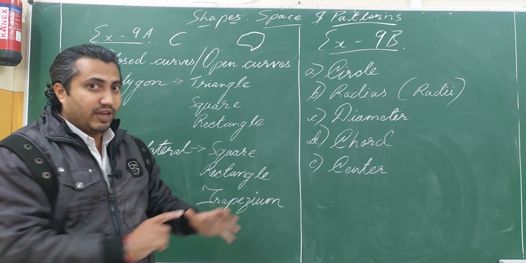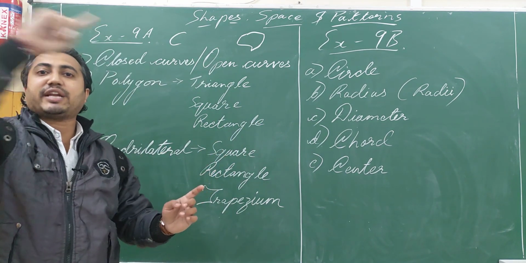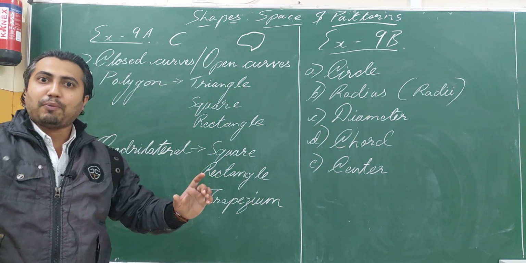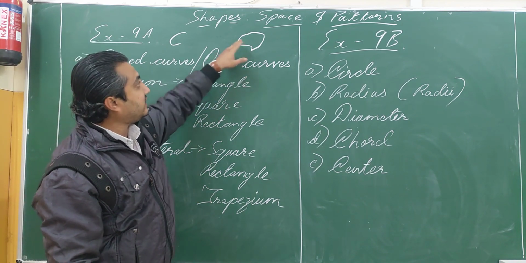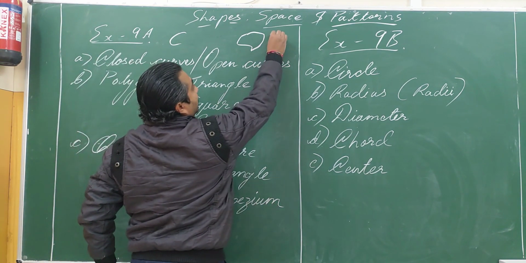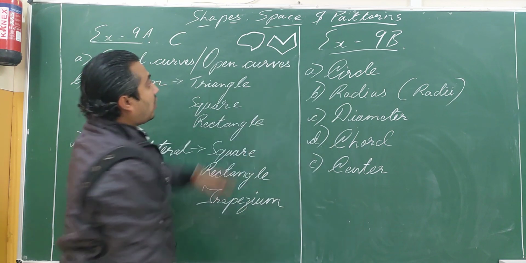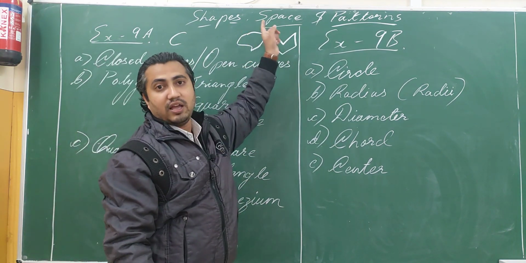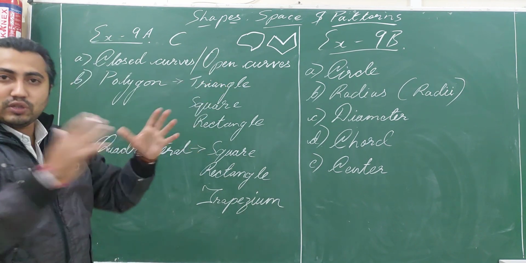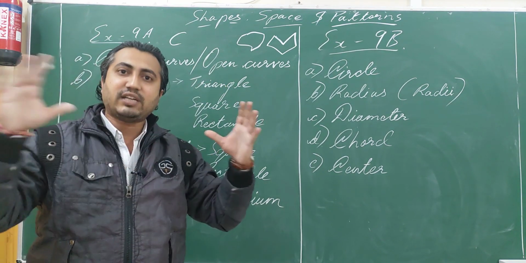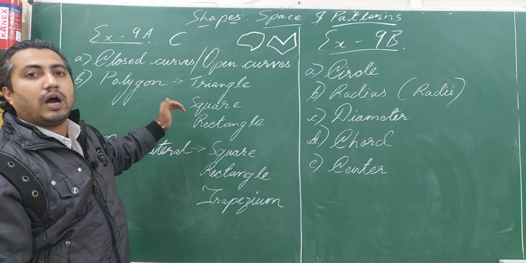Another thing we have to understand about a polygon is that the sides of the polygon must be straight lines. We cannot call this a polygon because this is not a straight line, this is a curved line. For example, if I am drawing something like this, we can call this a polygon because the sides are straight lines.